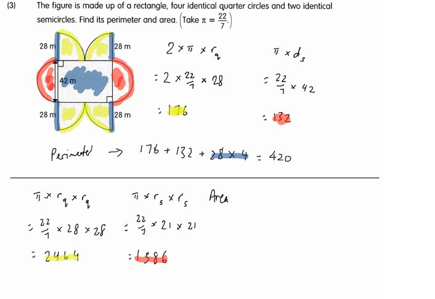Area is actually 2464 plus 1386 plus 42 times 56. Do you know how to get 56? Because it's twice the radius, right? So altogether, what do you get? 6,200 and?